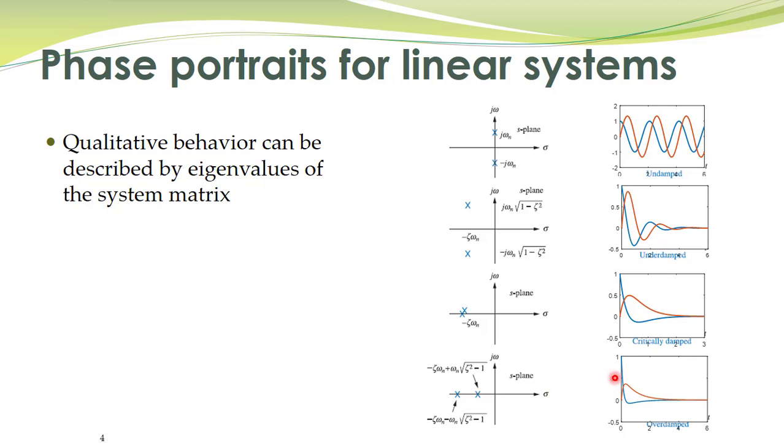This was critically damped and this is the overdamped response. So the qualitative behavior of linear systems can be easily described using eigenvalues. However, to study the qualitative behavior of nonlinear systems, we shall use phase portraits. Therefore, first we study the phase portraits of linear systems so that we can then generalize that concept to nonlinear systems.